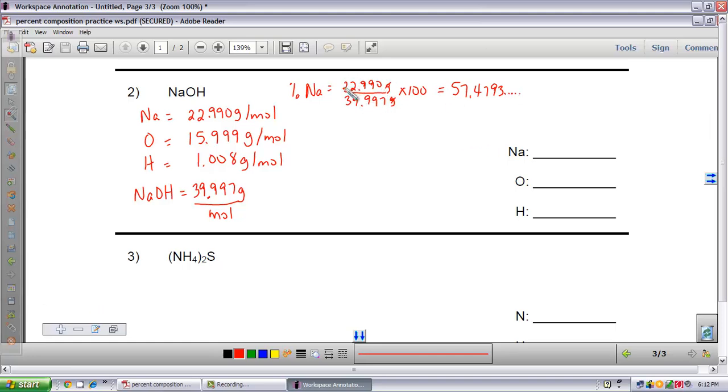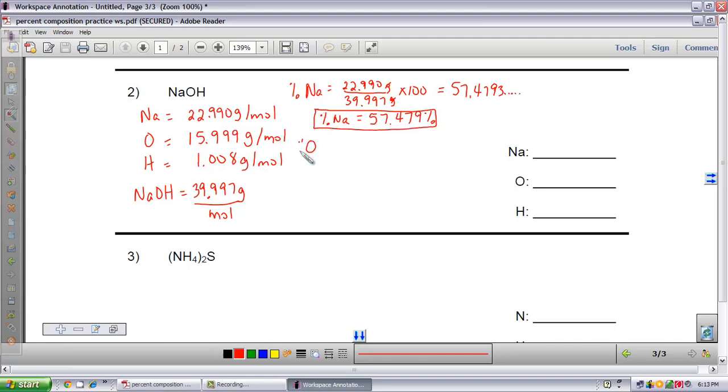But if you go back and look at your sig figs, there's 5 sig figs here, and there's 5 sig figs here, so the answer can only be in 5 sig figs. So the percent composition of sodium is 57.479%. So that's the answer to that one.